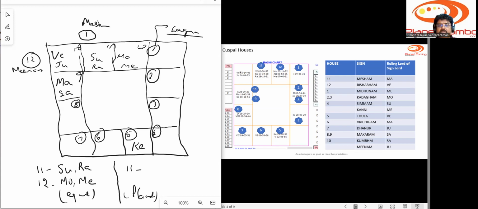Let's look at the Placidus model. What are the planets in the 11th cusp? If you look at it, Sun, Rahu, and Moon. The 11th cusp starts with 2, then it's 17, then it is 28, then it goes into 02, and the 12th cusp starts in 06. So mathematically, Sun, Rahu, and Moon are in the 11th cusp.